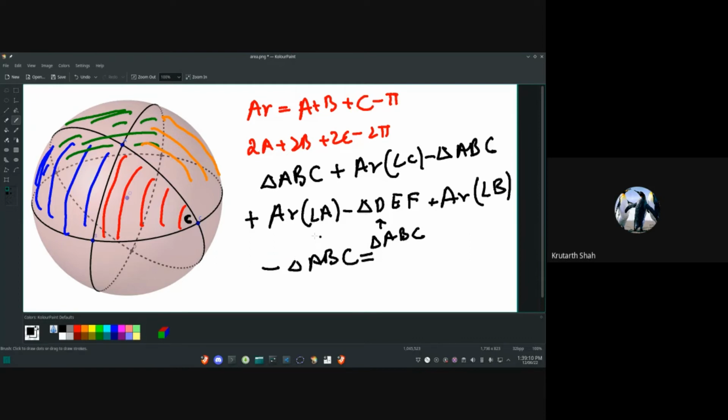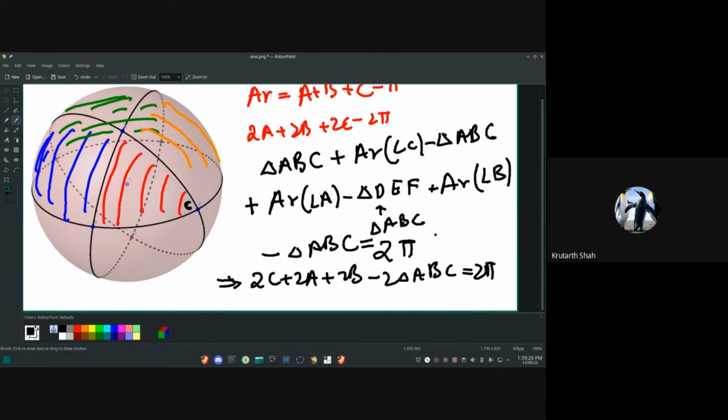All of this sums up to the area of the hemisphere, which is 2 pi. Once you expand all this, you get 2C plus 2A plus 2B minus 2 times area ABC equals 2 pi, which after dividing by 2, you get the result.